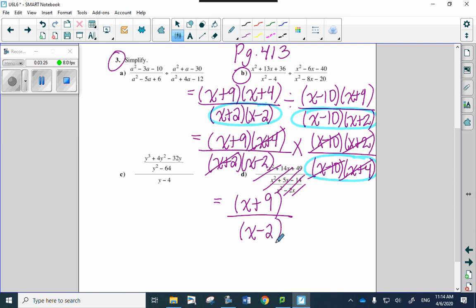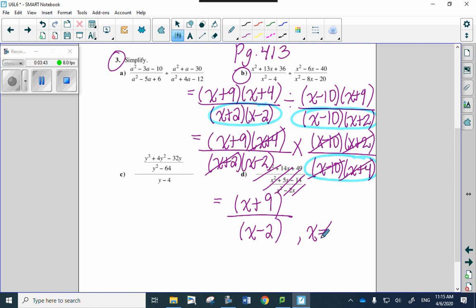So that would be my simplified expression, but now what I want to make sure I also do is state all of my restrictions. So I'm going to say x cannot be equal to, remember when you're stating restrictions to write from least to greatest, so going all the way from the left to the right on the number line.